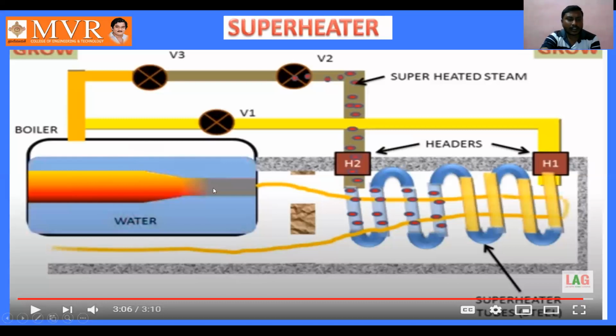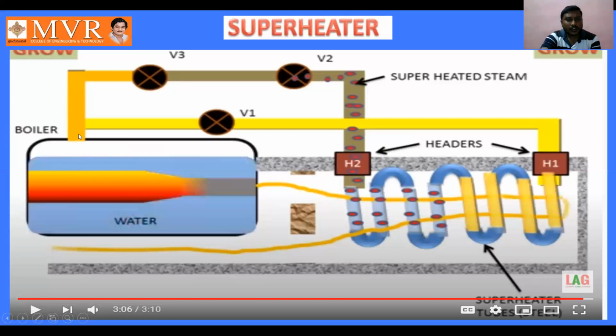When the flue gases are moving in the pipe, the hot water is going to exchange the heat from the flue gases to the cold water. When the operation takes place, V3 is closed. The valve V3 is closed and the working process takes place.